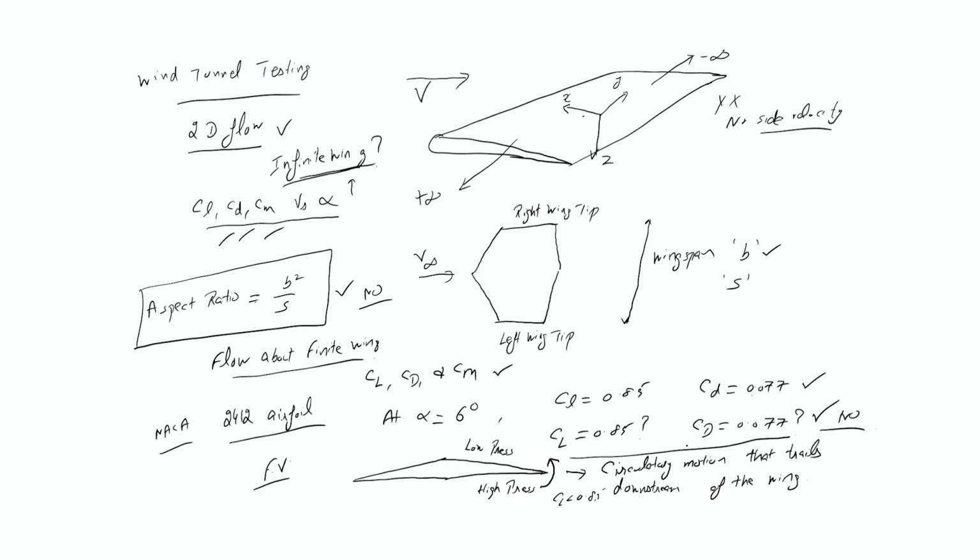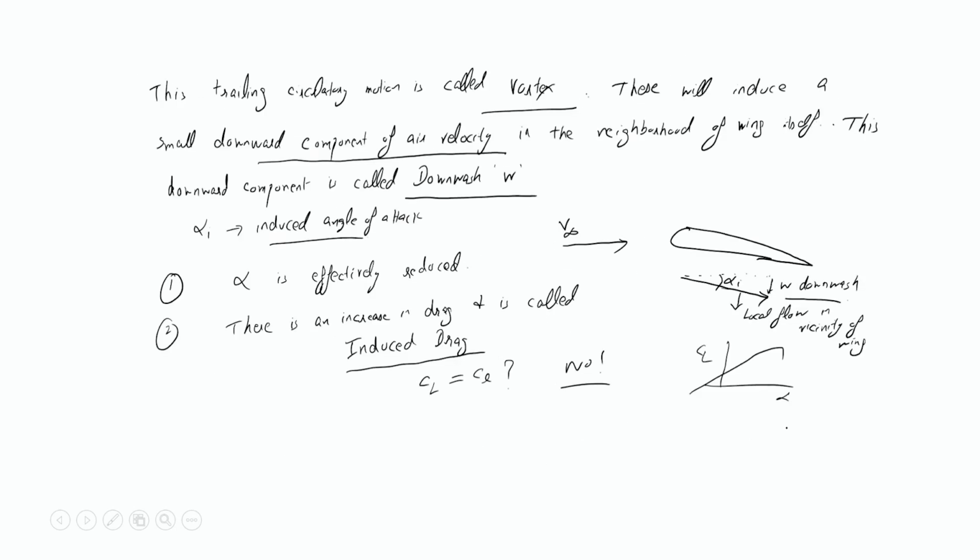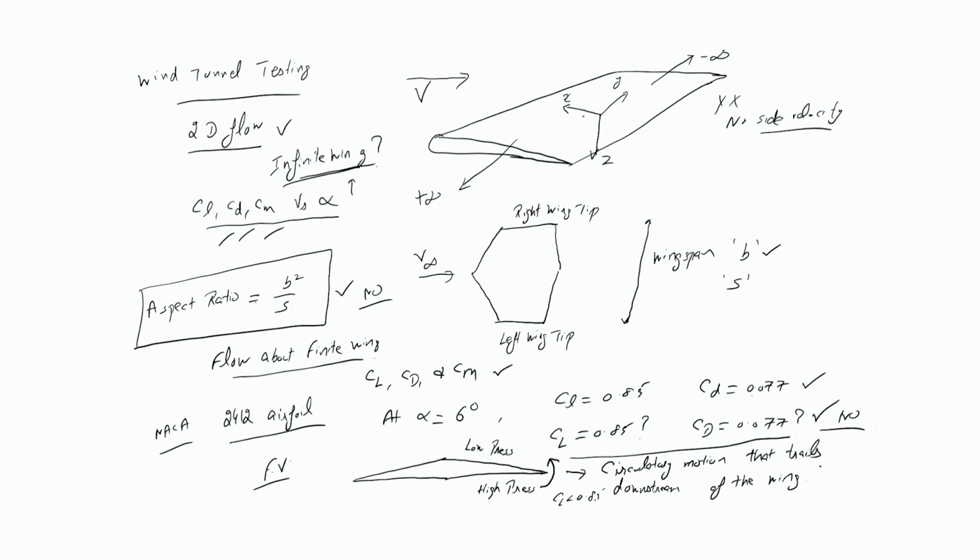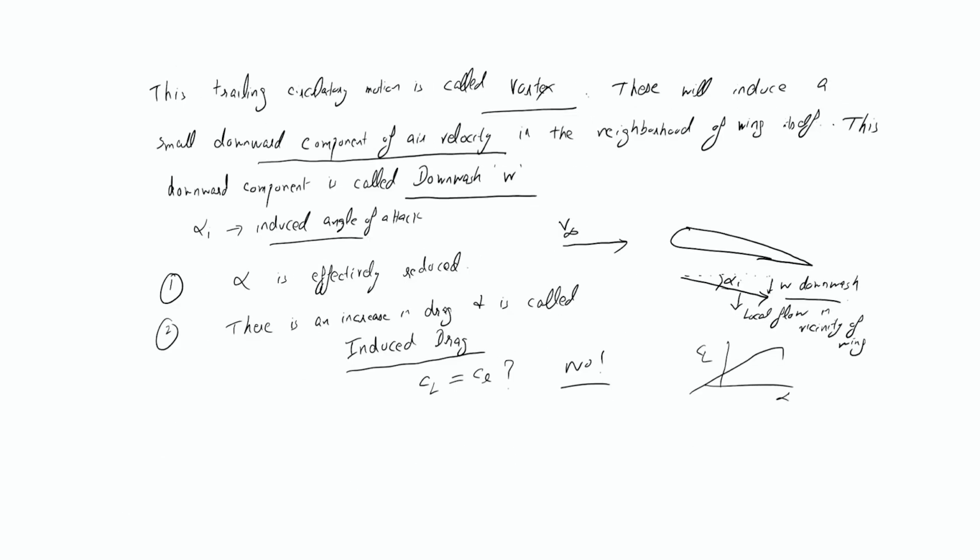Okay. Now what about the drag coefficient? It was 0.077. The second consequence was that there will be an increase in drag, that is induced drag. So now your CD will actually be greater than 0.077. Alright. So now I can mention this point.